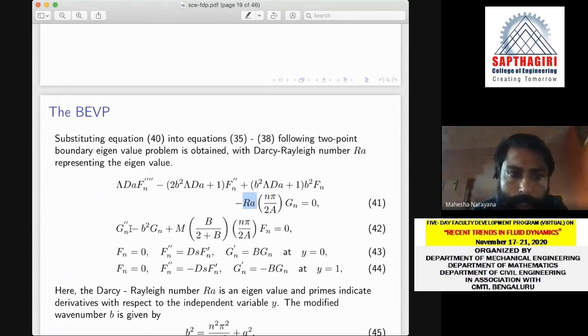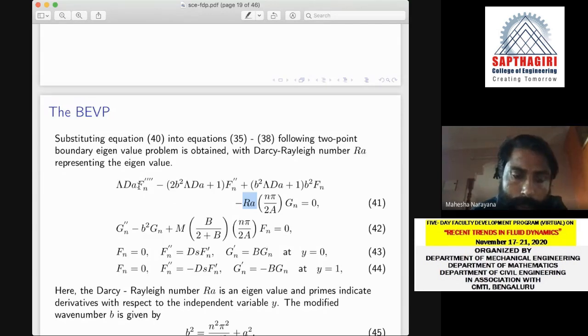So there are already two variables, Fn and Gn. And if I introduce this as an additional variable, so there are three variables, and we are introducing this as an extra variable. So for closure, I would require one more boundary condition.